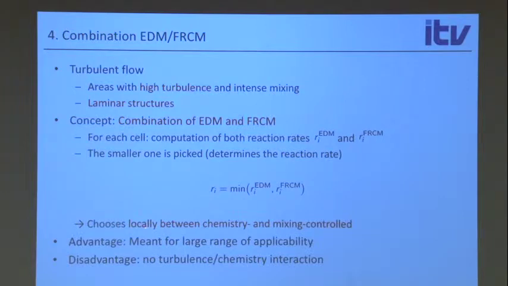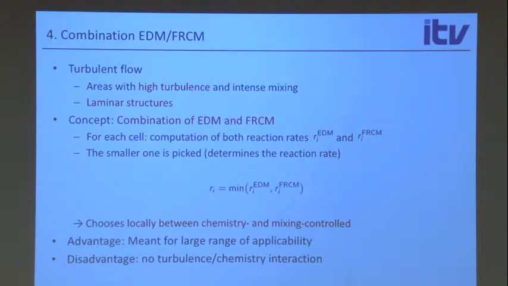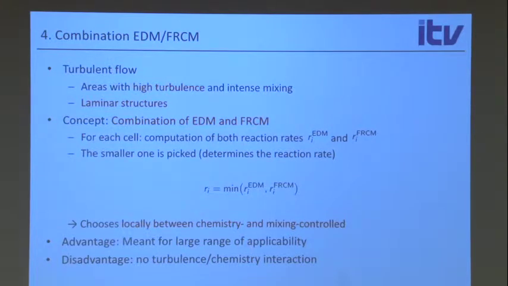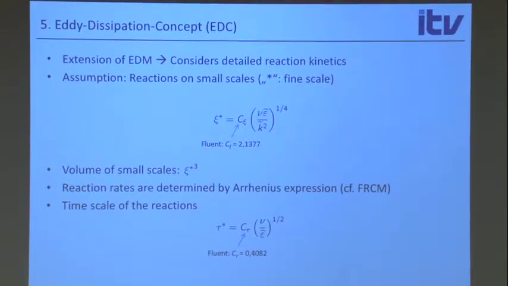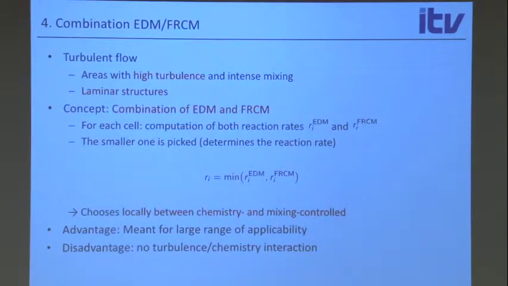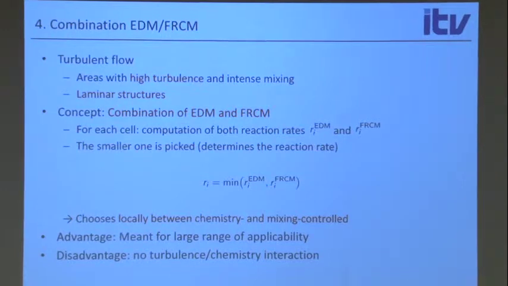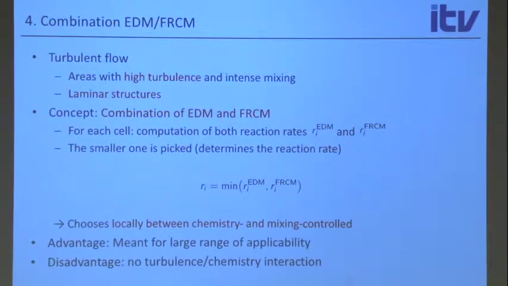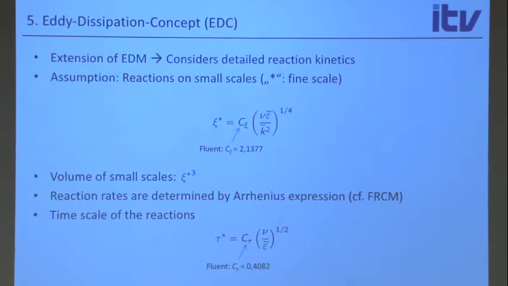So the disadvantage here is it doesn't really explicitly model the turbulence chemistry interaction, but in some way it considers both of the asymptotic limits. And most of the time probably the truth is somewhere in between, which means maybe this is good for the asymptotic limits, but if the truth is in between, maybe then it's also not exactly right.